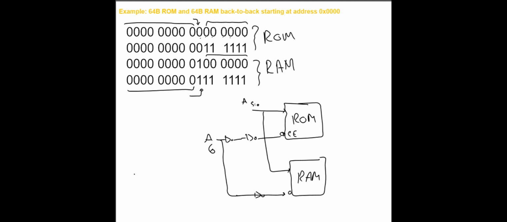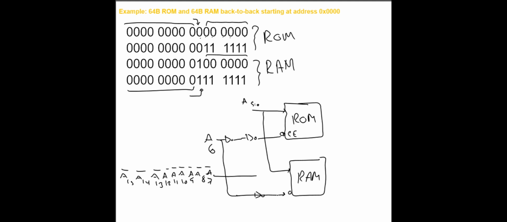Actually, let me start from here: A15, A14, 13, 12, 11, 10, 9, 8, and A7. It fits. These all have to be 0, right? And then those will be ANDed.